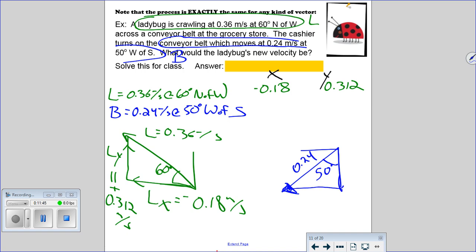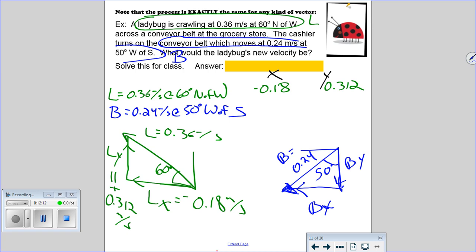So if this is vector B for belt, then this guy is BY. Should it point up or down? Down. Here's our BX. Should it point left or right? Left. Cool. That is the worst triangle I've drawn all day. All right, everybody good? And then do the trick, right? So if you do this, you get some numbers that I don't remember.